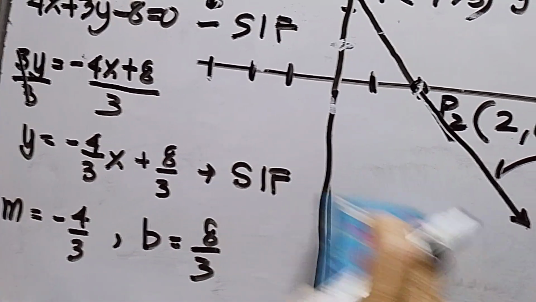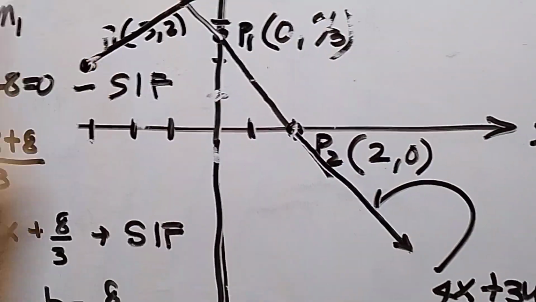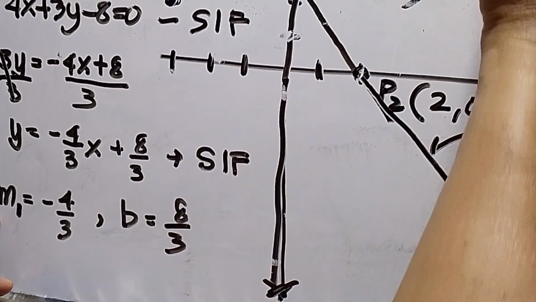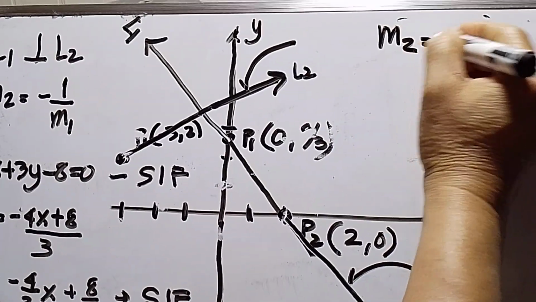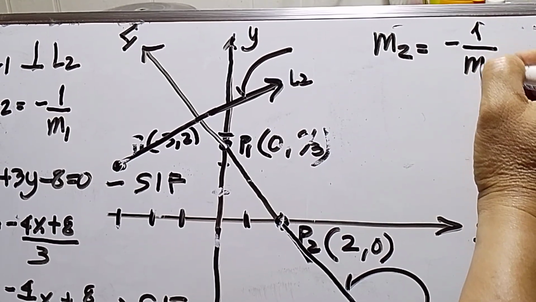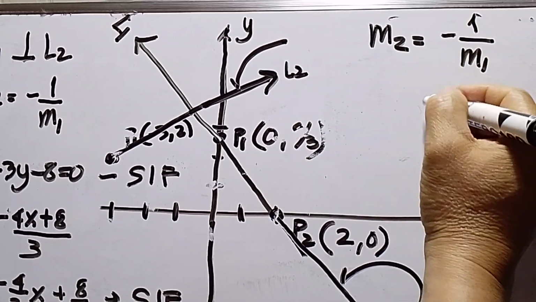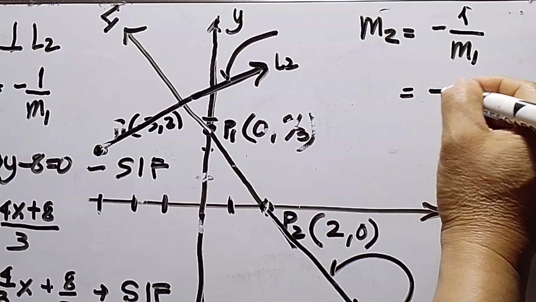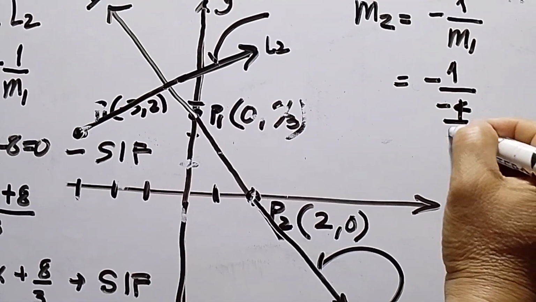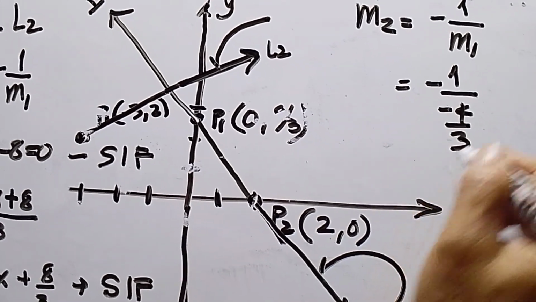Now, as I said, the slope of this line, I call m1. To solve m2, this will be equal to negative 1 over m1. So I have here negative 1 over negative 4 over 3. So what is now the slope for m2?